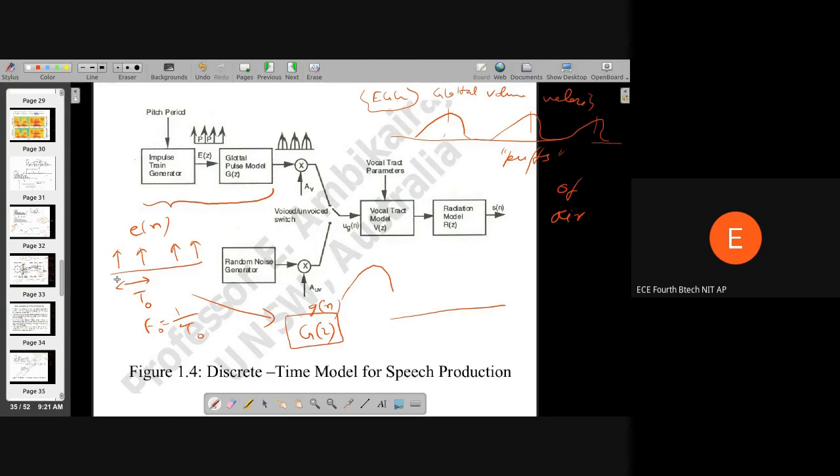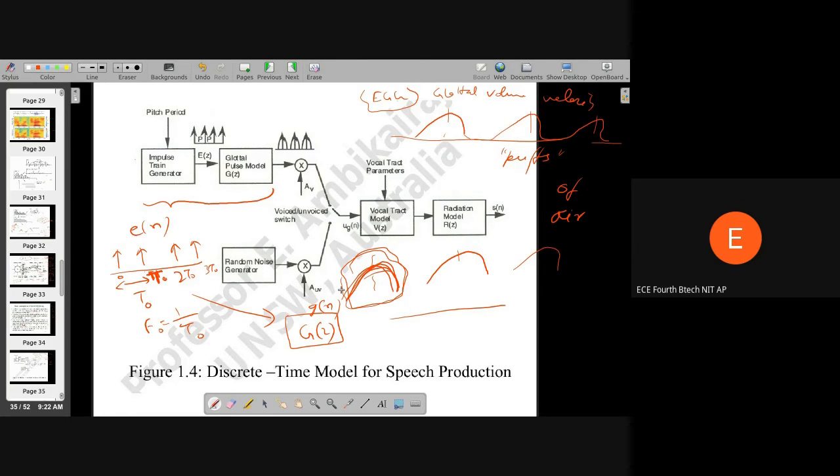Then at all these positions, 0, T naught, 2 T naught, 3 T naught, whatever, at those locations, it will repeat. So we have to just find out what will be the transfer function which will give a shape like this in the time domain.